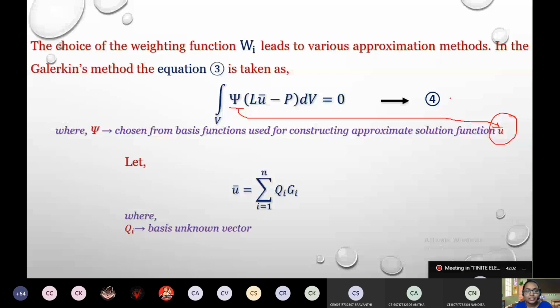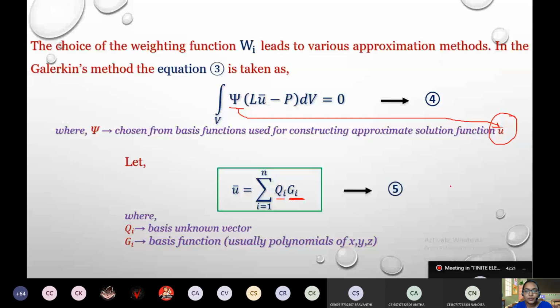And Gi is the basis function. Your Gi is the polynomial function we take, and your Qi is the basis unknown vector. All right. So let us take this equation as equation number 5. So we have 5 equations now.